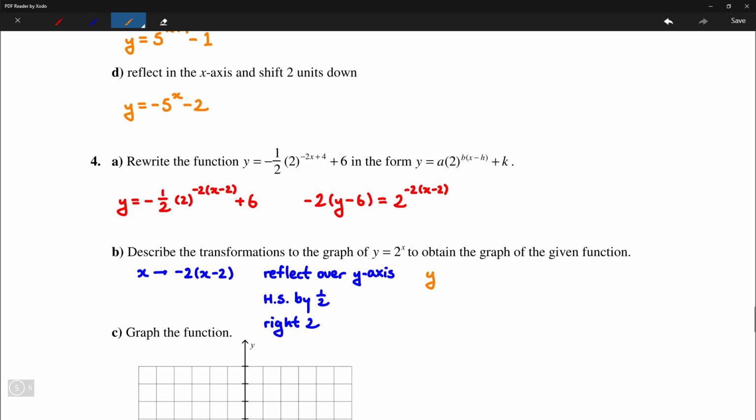It transformed from y to -2 and then y minus 6. So we also have a reflection over here, reflect over the x-axis. That's one part. There's a vertical stretch by 1/2. And finally, the graph was moved up 6 spaces.